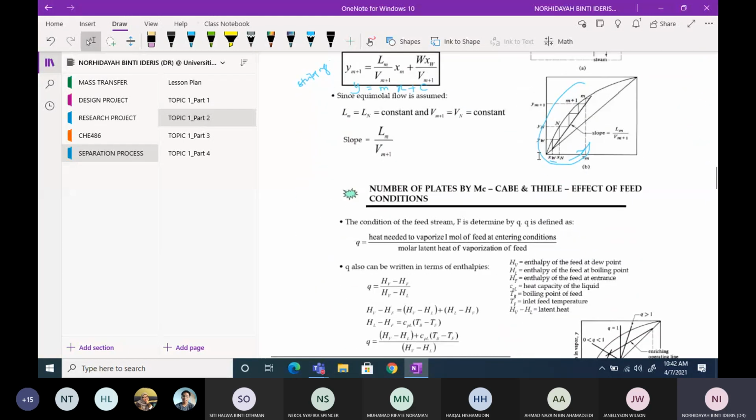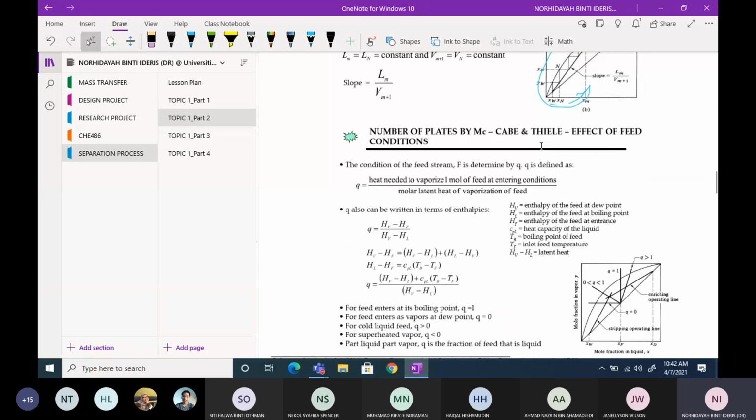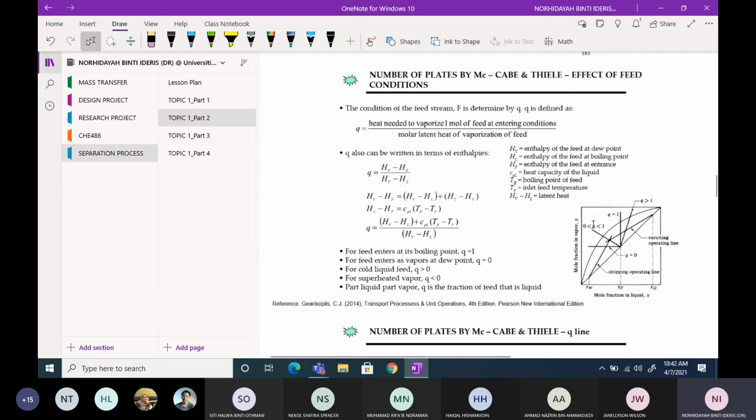The next thing is a bit complicated, because you need to recall your knowledge of thermodynamics. In order for us to solve this problem, we need to have another line, which we call the Q line. This is the definition of the Q line.